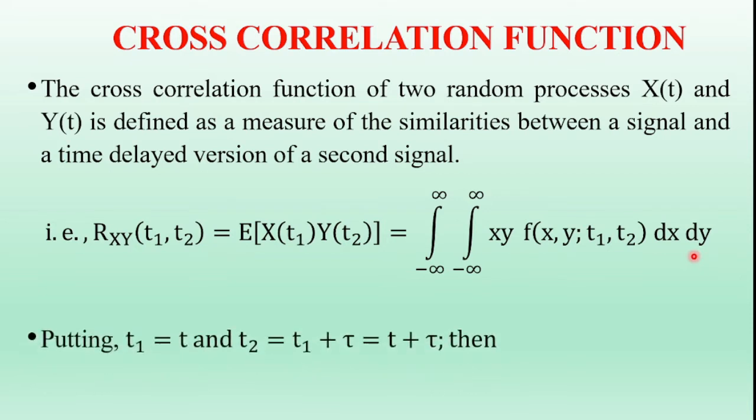In this equation, substitute t1 equal to t and t2 equal to t plus tau. So now t1 is equal to t, t2 is equal to t plus tau. Then Rxy(t, t plus tau) is equal to the expectation of x(t) into y(t plus tau).